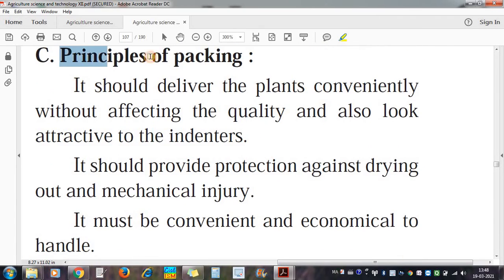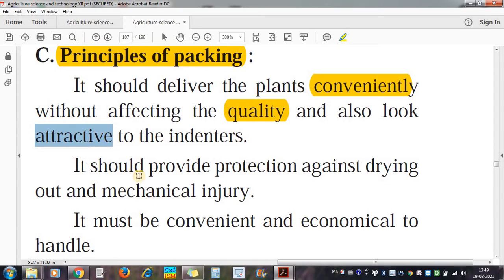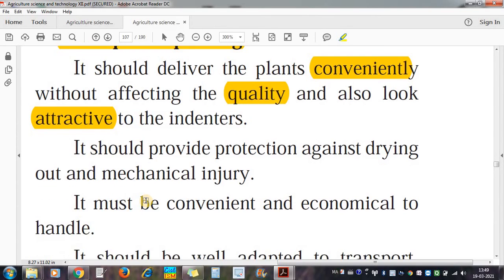Now what is the basic principle of packing? Packing should be convenient. There should be no effect on the quality of the product. It should also look attractive to the customers.